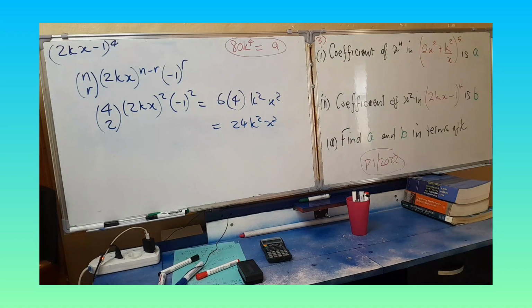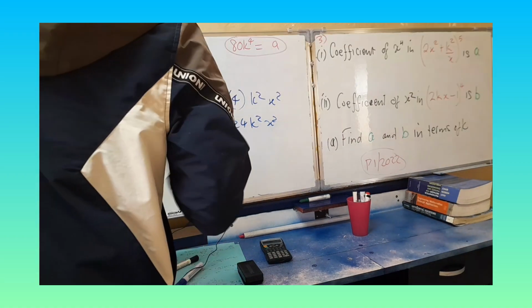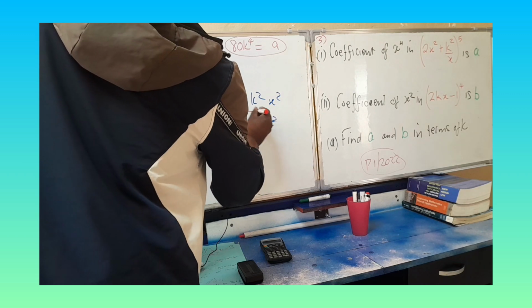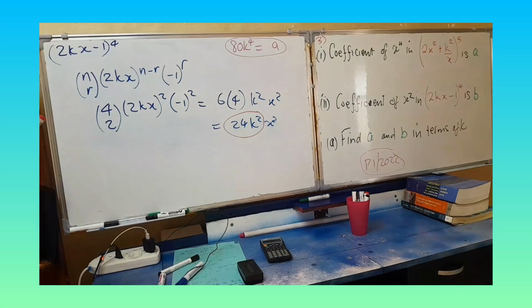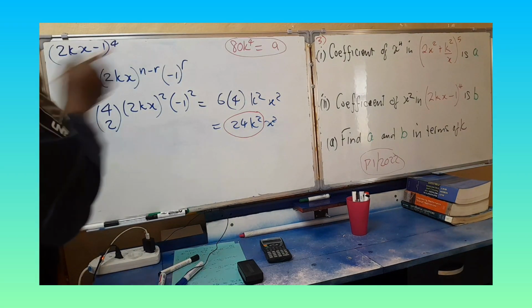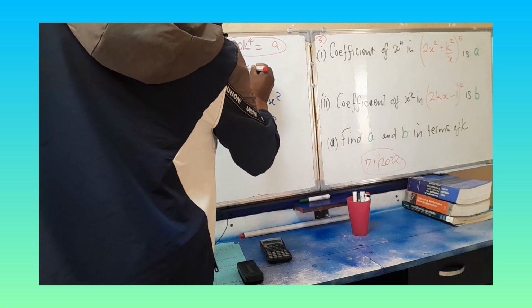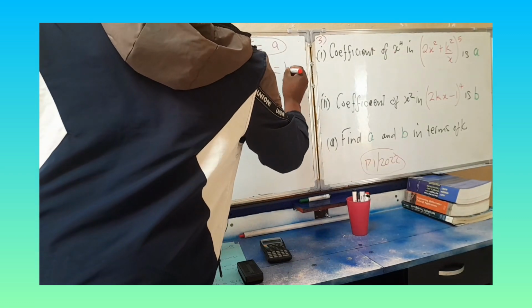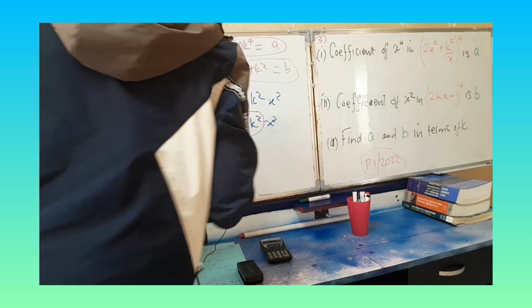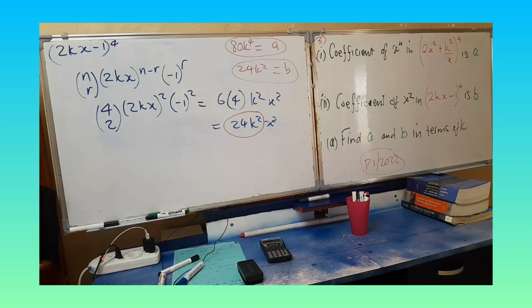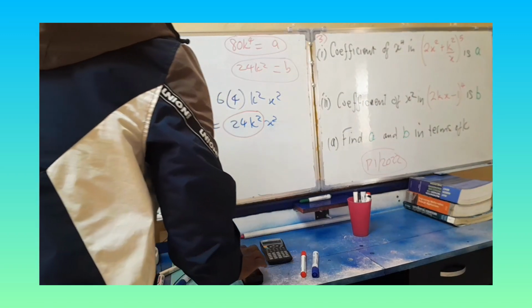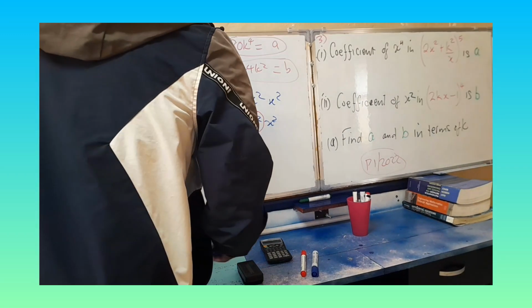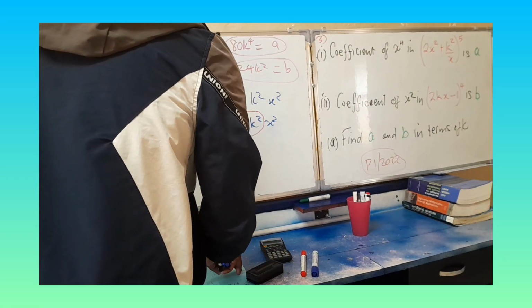The coefficient of x squared, again, is equal to that. So we can write 24k squared is equal to b. That's what the question says: the coefficient in x squared is equal to b. There is a part which I couldn't fit on the board, but I'll read it for you here. It's simple.